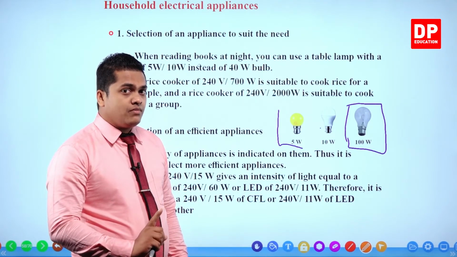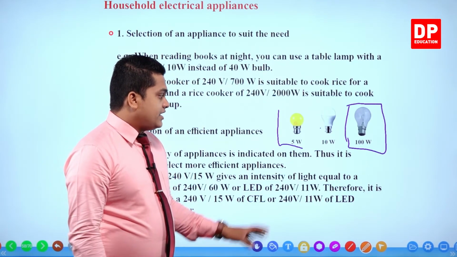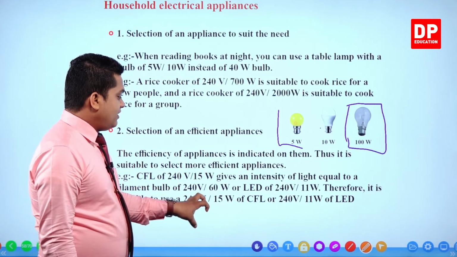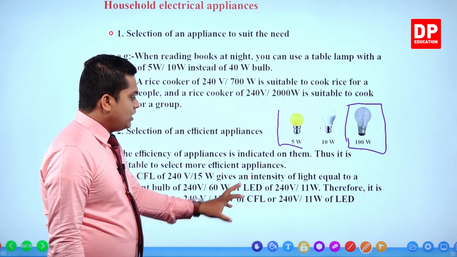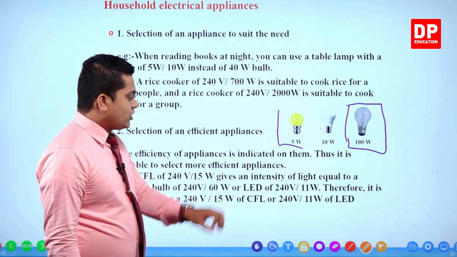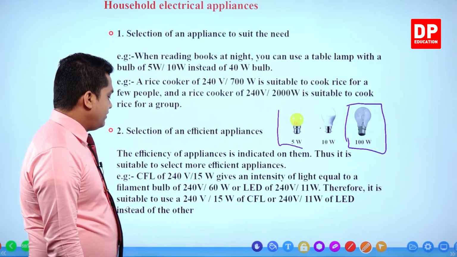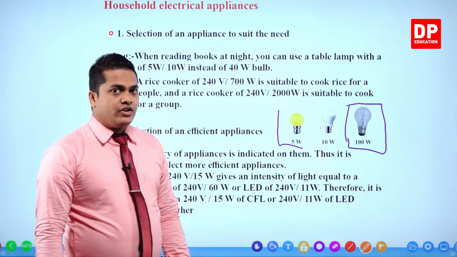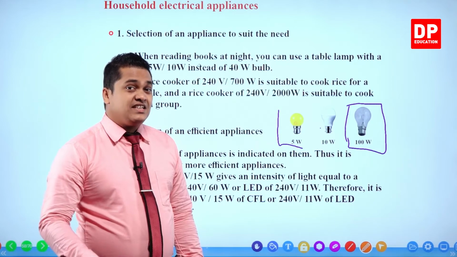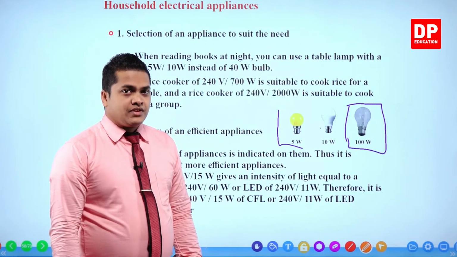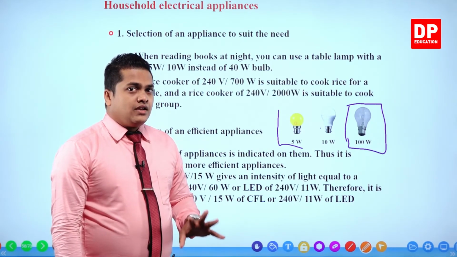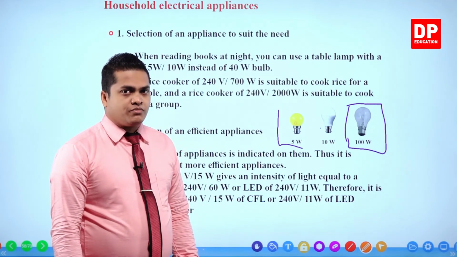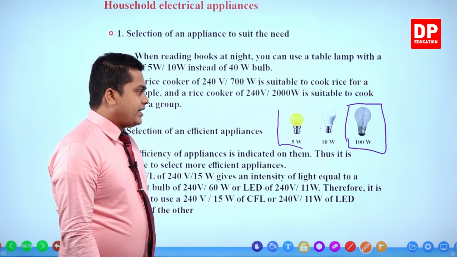I think you could remember, right? Therefore, it is suitable to use a 240 V 15 watt CFL or a 240 V 11 watt LED instead of the other. Instead of using these filament bulbs, which really eat up electricity, it's better to use CFL or LED. LED is the best option.